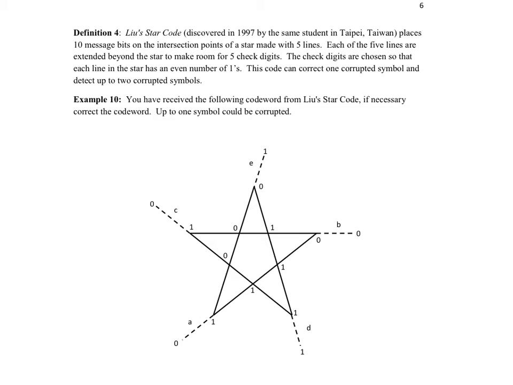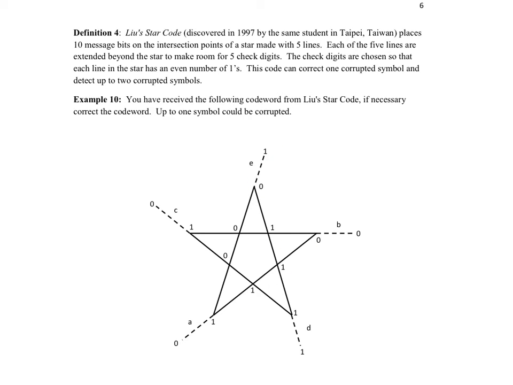So what we do is we draw a star down on our page, and then on each intersection in the star, you send a message bit, a message 1 or a 0, and then you extend the line of each part of the star to have an extra check digit to make sure that that line has an even amount of ones.